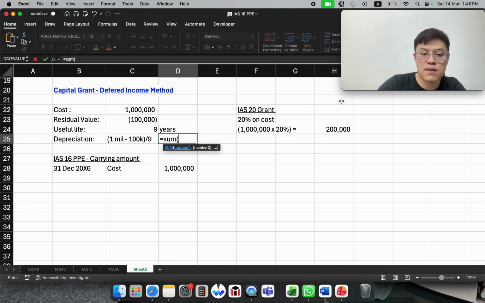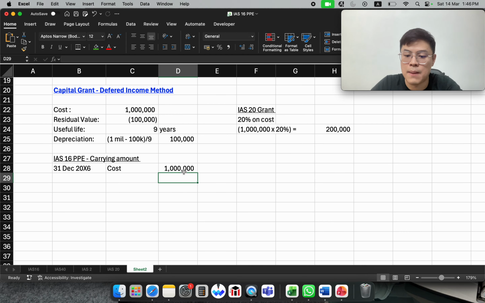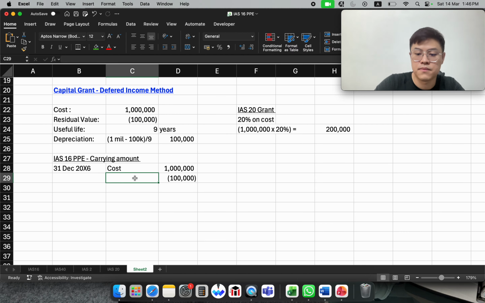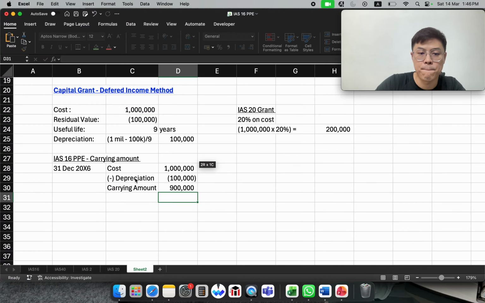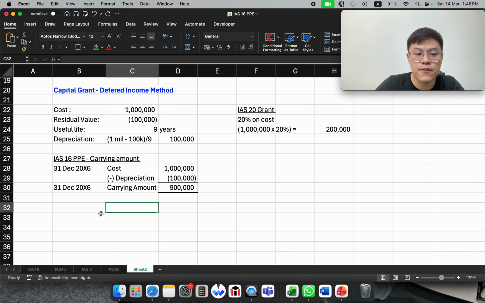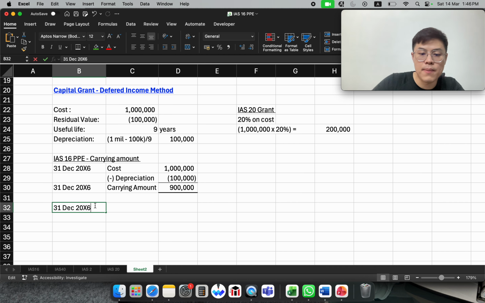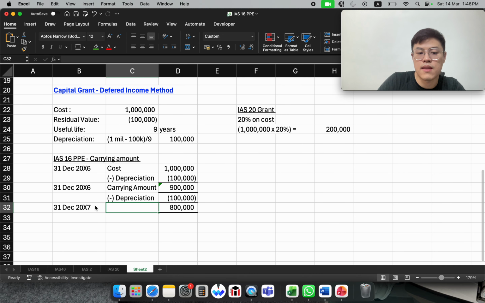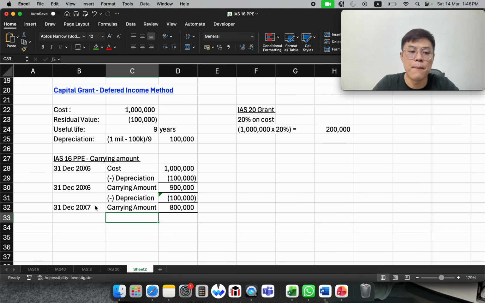And with this, we are going to get 100k depreciation, and we depreciate accordingly. 900,000 is the carrying amount for 31st December 20x6. What about 20x7? You will depreciate accordingly the same, and 800k carrying amount.